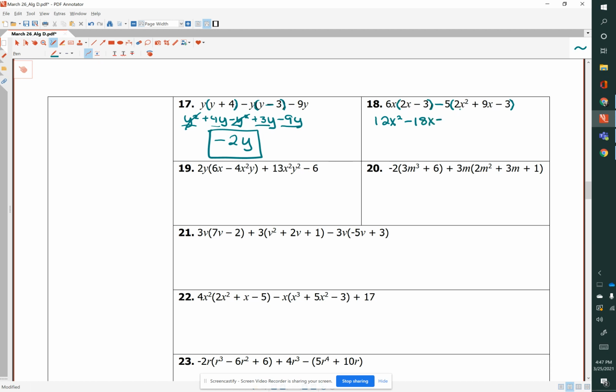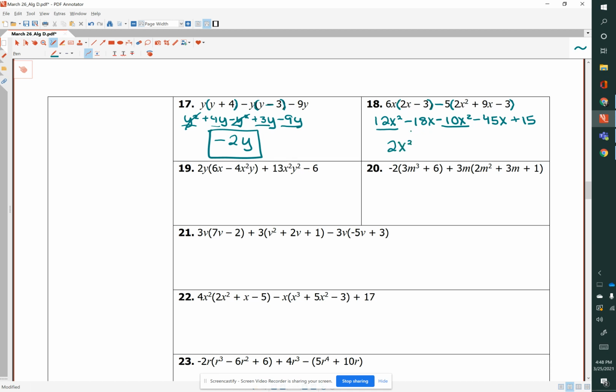Negative 5 times 2x squared is negative 10x squared. Negative 5 times positive 9 is negative 45, and we have an x term there. And negative 5 times negative 3 is a positive 15. So let's look at our x squared terms first. We have 12 minus 10, so that's 2x squared.